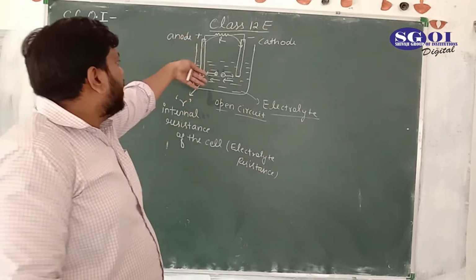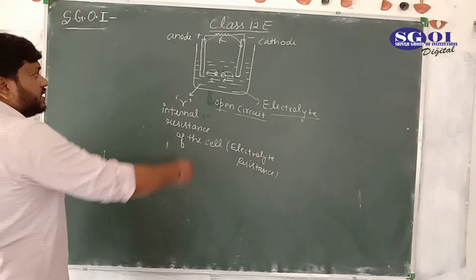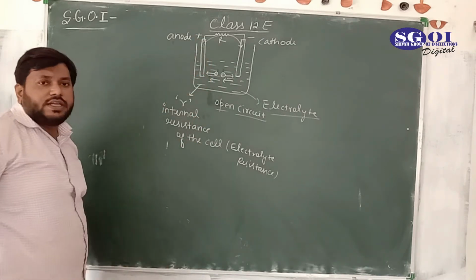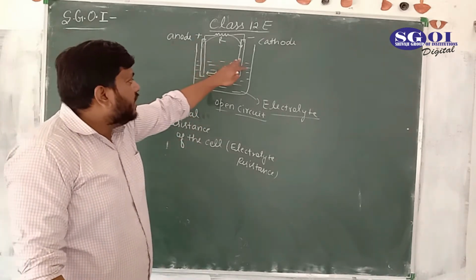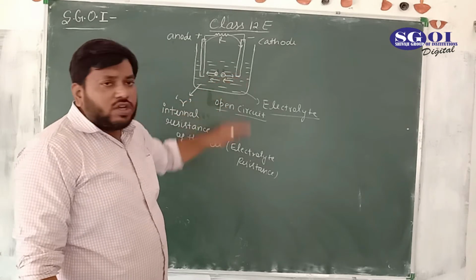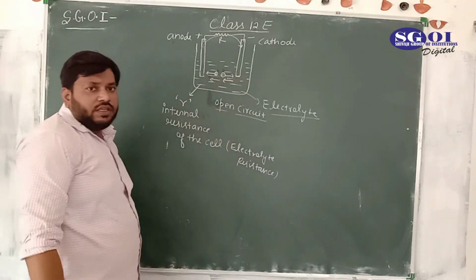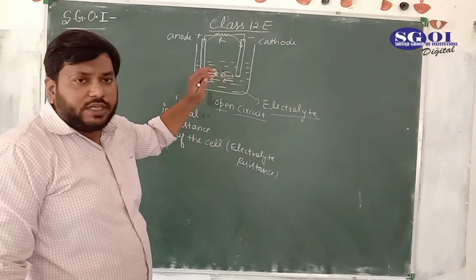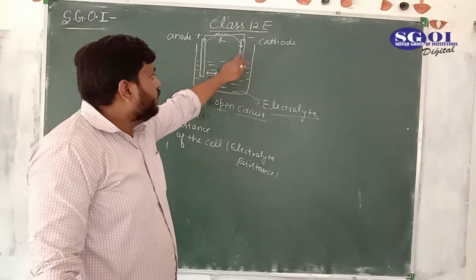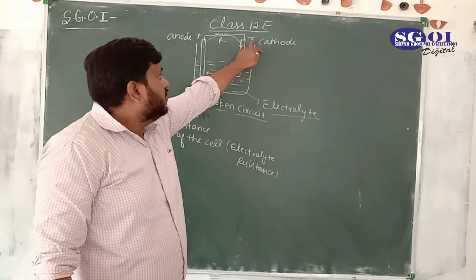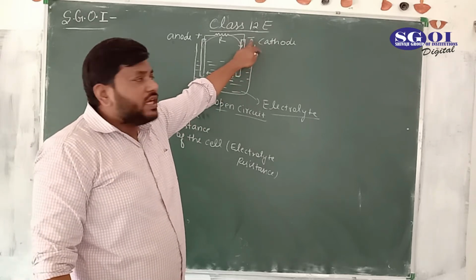That's why this becomes positively charged, meaning a deficiency of electrons is created in this plate, and it is called the anode. And here, in the same way, there are excess electrons, and as the ions reach here, they provide electrons to this plate, and it gets an excess of electrons, and the charge on it is negative.